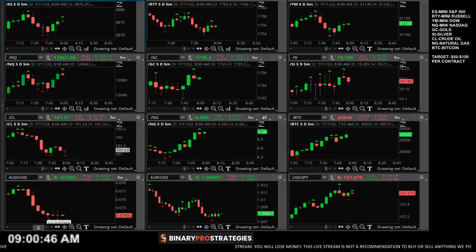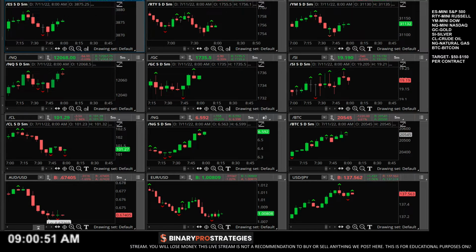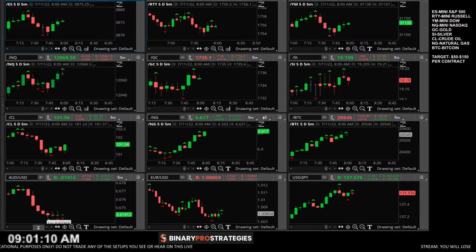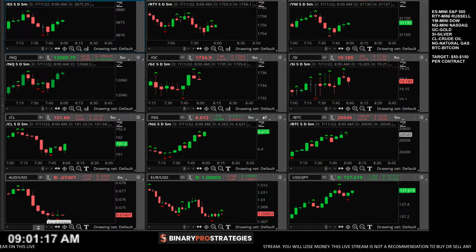So we're going to be trading two different methods. For the indices and the commodities, we're going to be using something that we call Einstein. It's a combination of a formula and several patterns that we teach in the core package and the crystal ball package. It provides us with an exact entry, a profit target, and a reversal, meaning if we don't hit profit target and we hit reversal before we hit profit target, we will reverse our position, and that will then create a new profit target in the other direction.